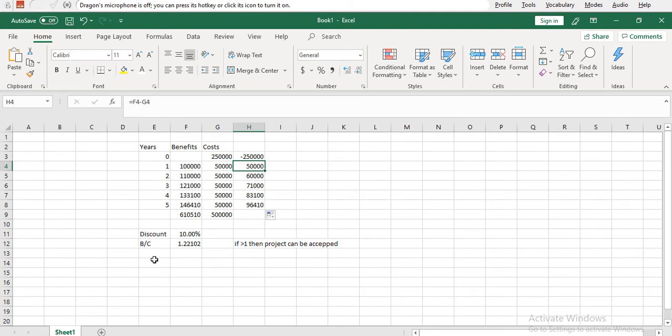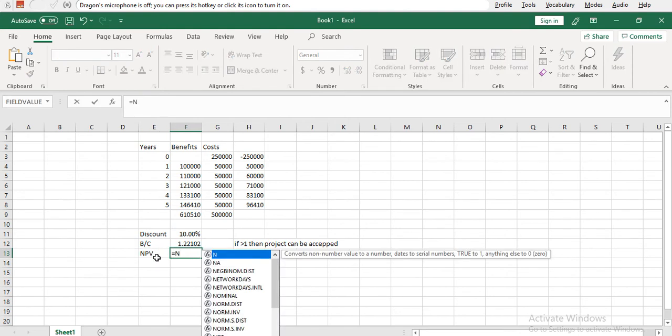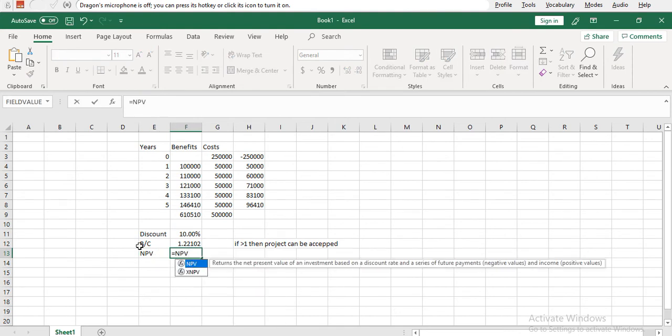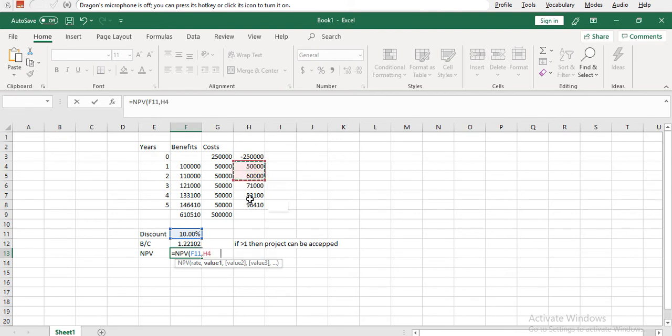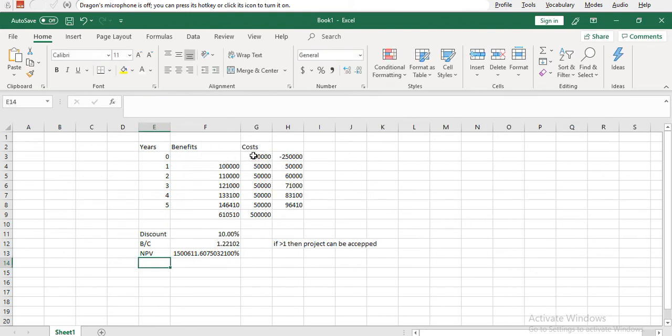These are net present values, the actual benefits at the end of the year. Now I will be calculating net present value by using the NPV formula. NPV is equal to NPV. We have a direct formula here. NPV of rate, comma, and values. These are values. Okay, and plus the actual investment that we have made.